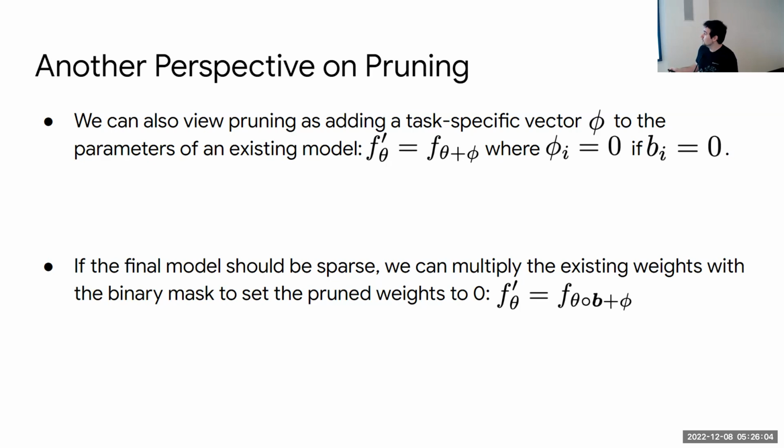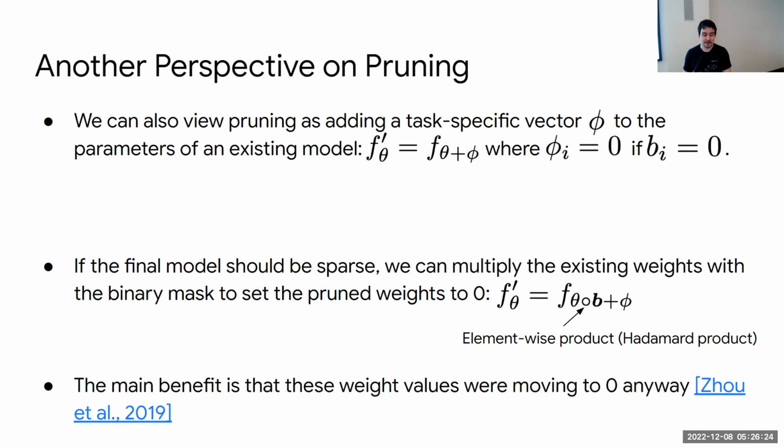In this case, if you multiply the existing parameters with the binary mask beforehand, you would set only the pruned parameters, or the parameters that you're going to prune, to 0 and only have a sparse network as a result. And here it's just the element-wise multiplication, basically. In the typical pruning literature, people are typically setting these parameters to 0, which they've shown to perform a bit better for randomly initialized models.